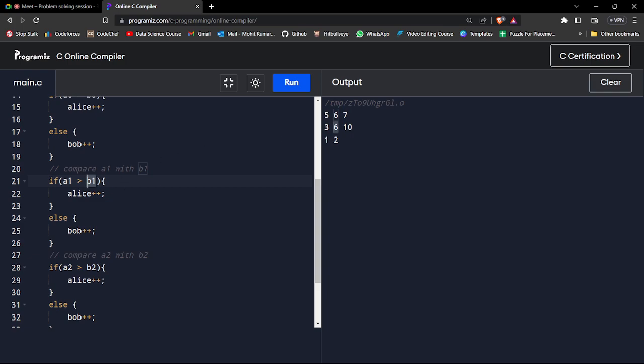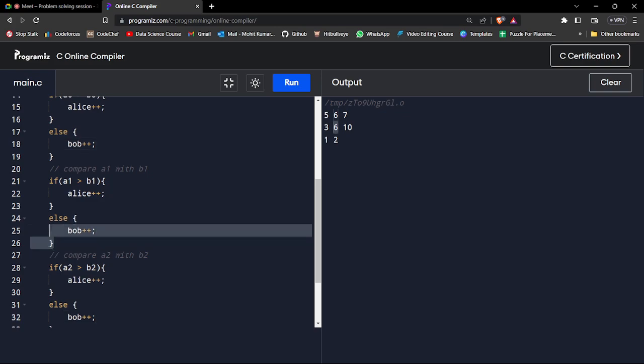So this if condition won't be executed. What does it mean? It means this else will be executed and Bob will be getting a point. Alice is 1 here, Bob is also 1 here.